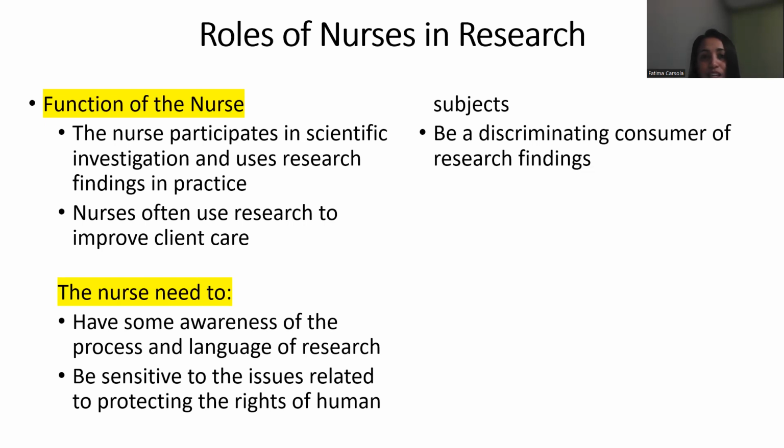You say research studies. Be sensitive to the issues related to the protection of the rights of humans. So when you do research, you will not just be experimenting on human beings. Okay, you cannot do that. When you try to experiment with an intervention through a true experimental research, then you could use guinea pigs or rats, but not really humans, because they have rights.